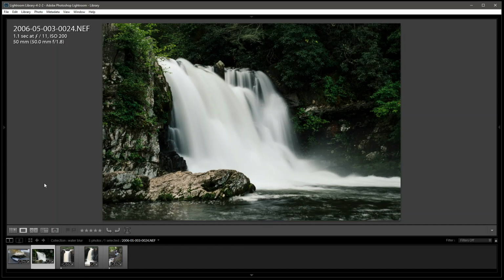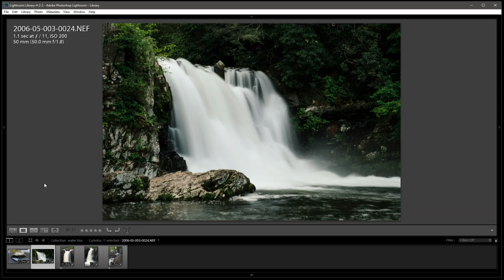This image is also in the Smokies, and it's a 1.1 second shutter speed. One thing to note whenever you've got water moving really fast over a waterfall like this is, if you can't get close to a second, and you get half a second or something like that, you still might have enough of a blur to get what you want because the water's moving so quickly.